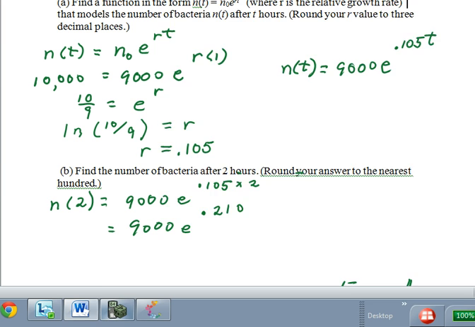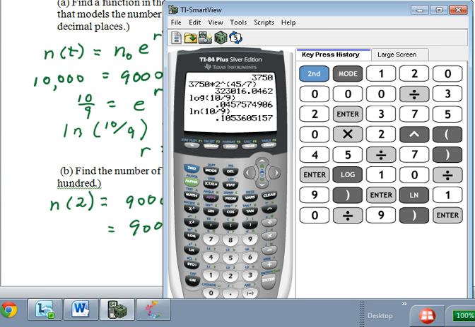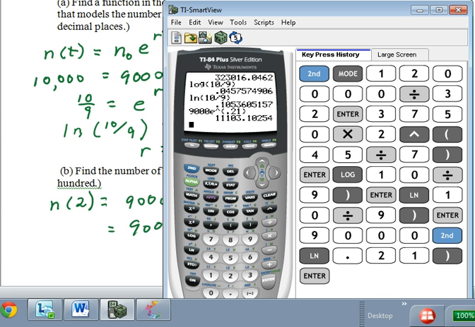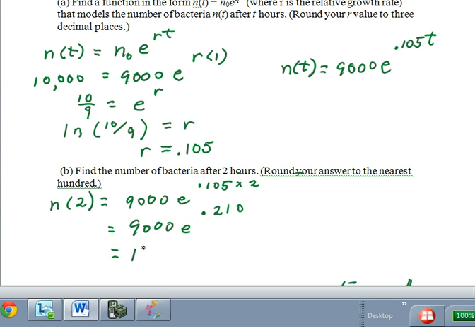Going to our calculator, entering 9,000, second natural log brings up the e to the power and 0.21. Close the parentheses. And we get 11,103, or approximately 11,100 bacteria.